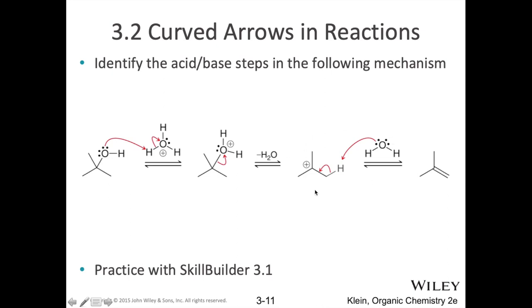So this third step is an acid-base step. To answer this question, which of these three steps are acid-base steps? The first one and the third one, not the second one.